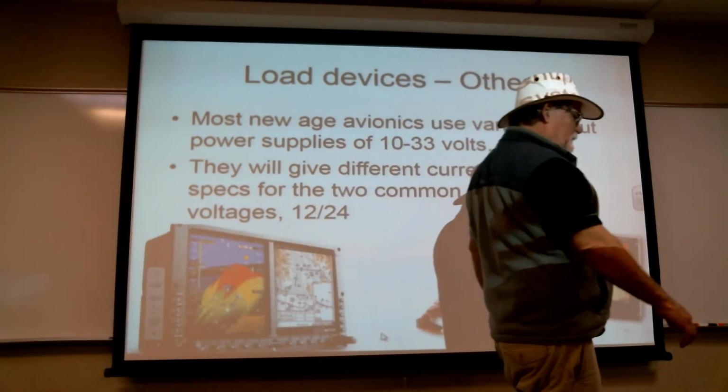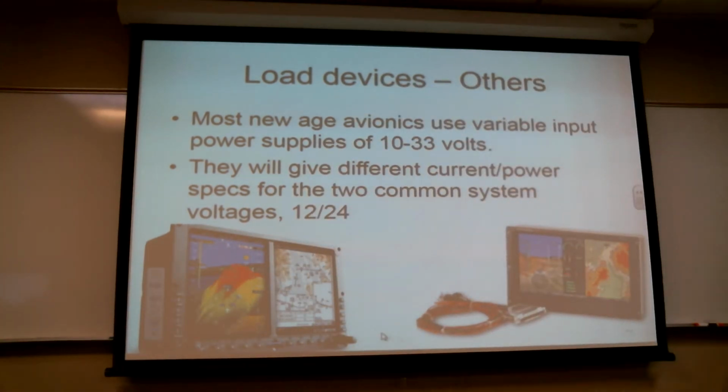Well, they themselves may not have an off-the-shelf built power supply. They're going to have built it to off-the-shelf specs. They're going to have made some capacity for it to handle a variety of different input voltages.